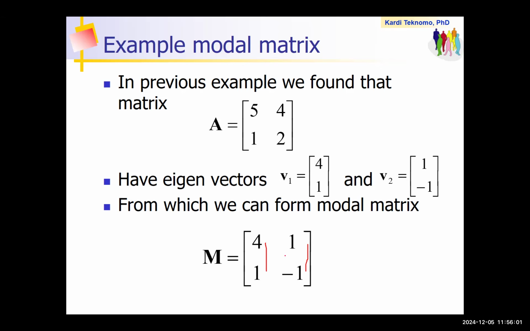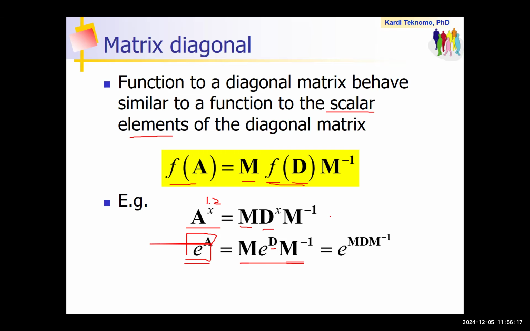That's easy. After that, if you want to apply any function of A, that is the same as applying the function to the diagonal matrix. The modal matrix does not change. Why does it not change? Because this modal matrix represents the basis. Remember the coordinate system.